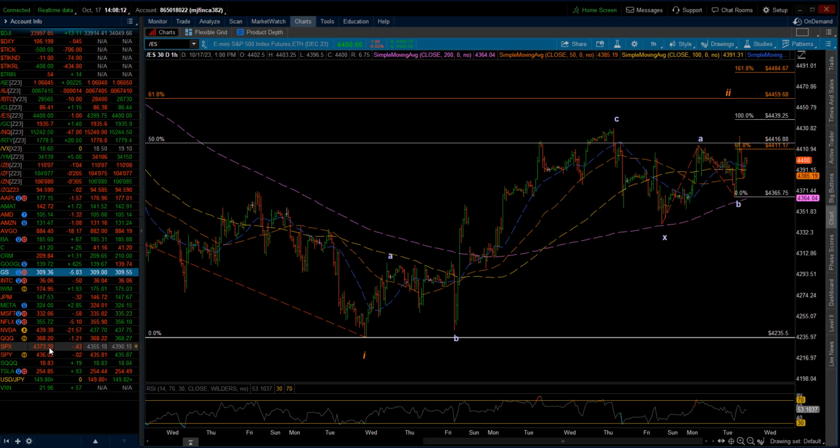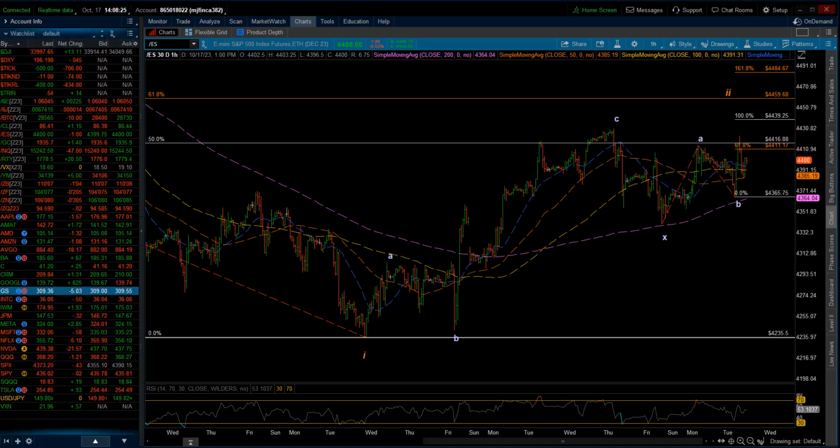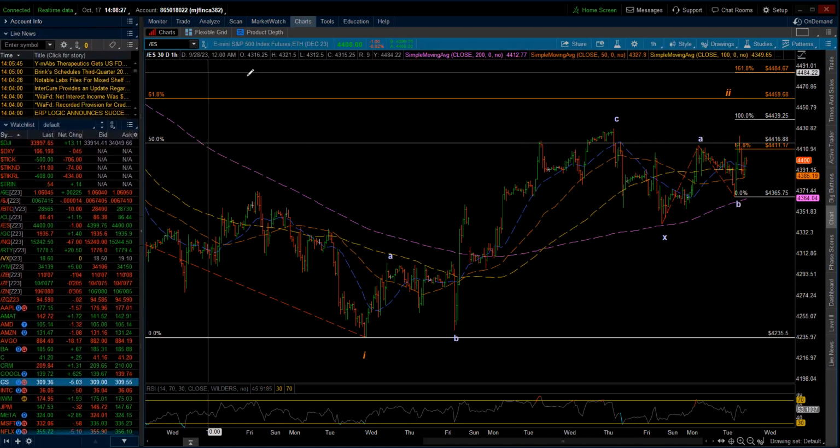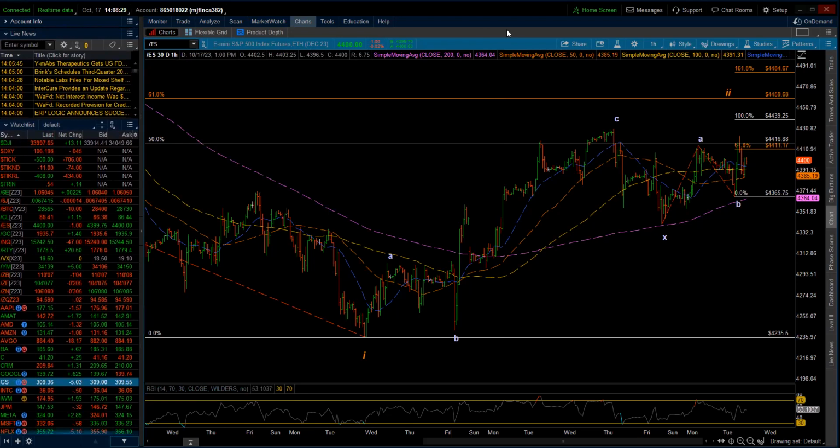It didn't happen today. It did via the ES, but not via the SPX. So there's still the possibility we get a little shenanigans going here, and we don't really know exactly what all that's going to be. So here we sit.